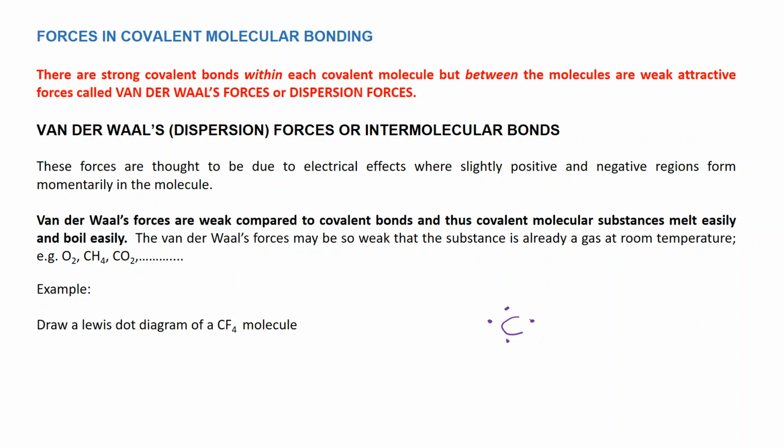And we need 4 fluorines, and fluorine has 7 unpaired electrons, which works really well paired with carbon because we just sort of get one fluorine on each side of the carbon.